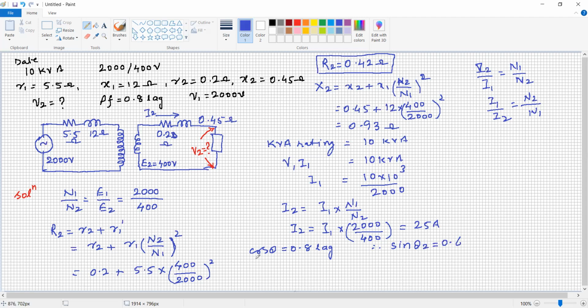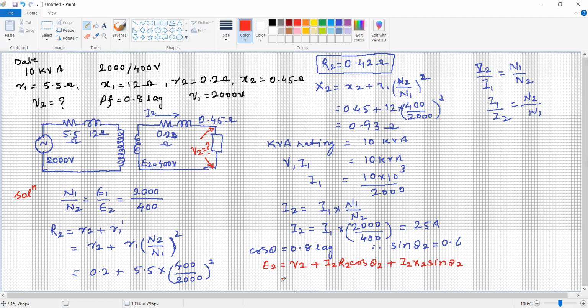Now put this value in the equation. If we apply Kirchhoff voltage law, E2 is equal to V2 plus the resistive and reactive drop across the equivalent resistance and reactance referred to the secondary side. It is I2 R2 cos theta 2, the approximate voltage equation we have already found, plus, for lagging, I2 X2 sin theta 2.